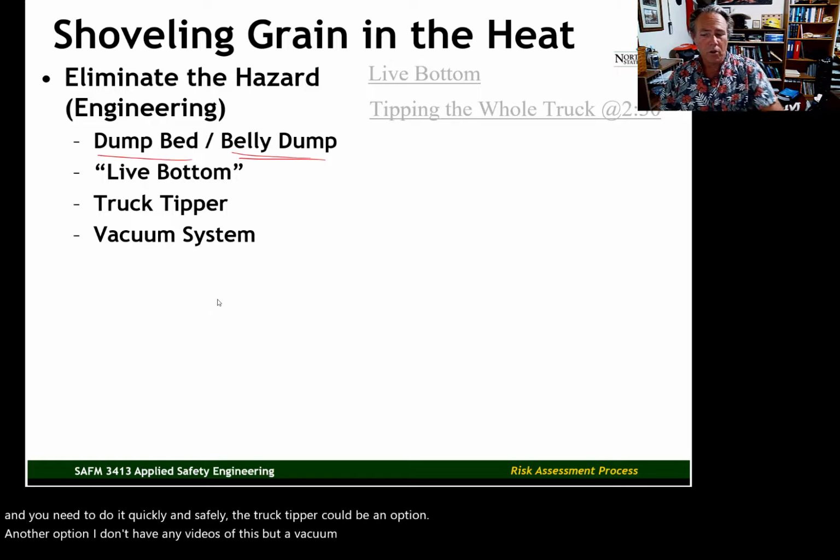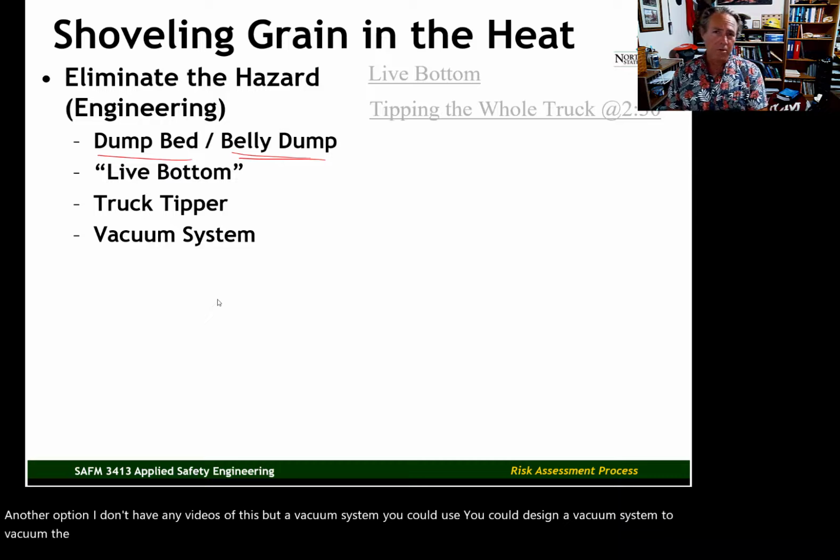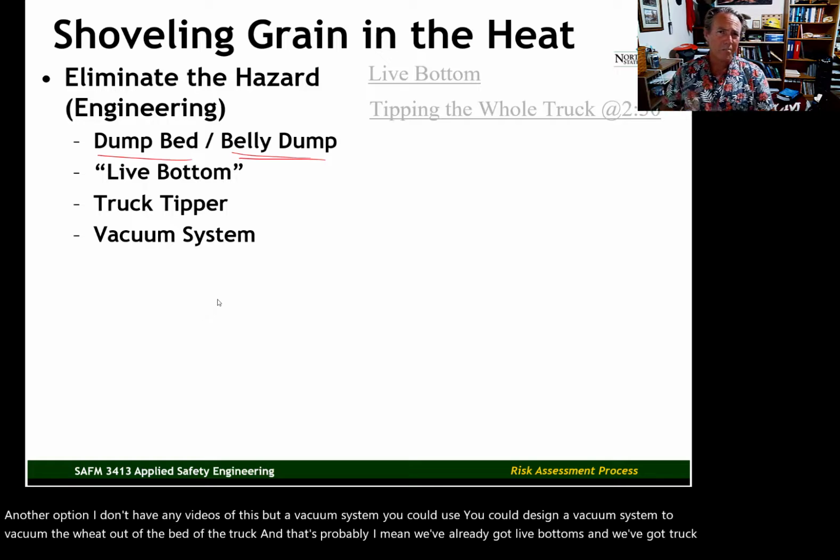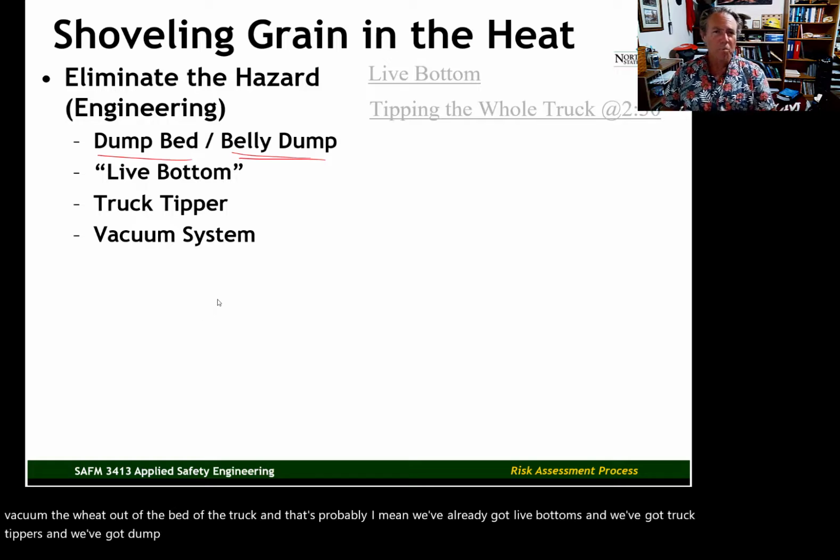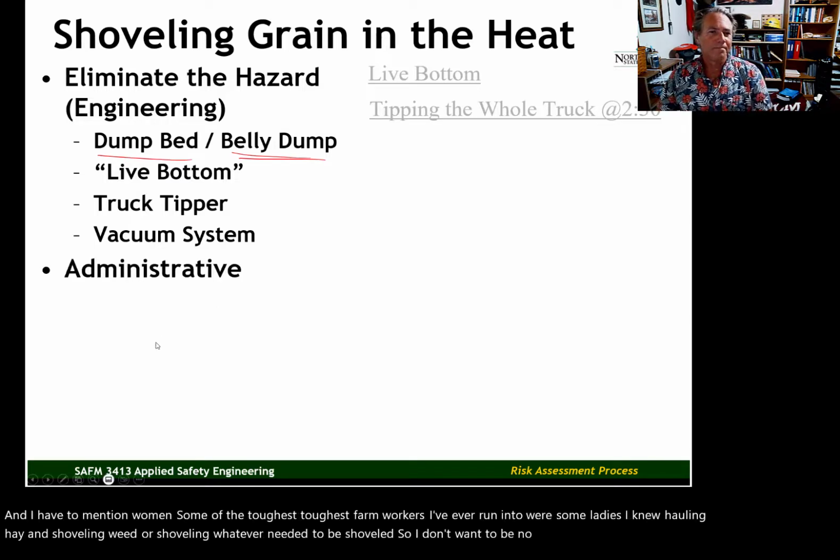You could design a vacuum system to vacuum the wheat out of the bed of the truck. We've already got live bottoms, truck tippers, and dump beds. The vacuum system would be another possibility for unloading this truck full of wheat without putting guys or women in the back of the truck with a shovel.